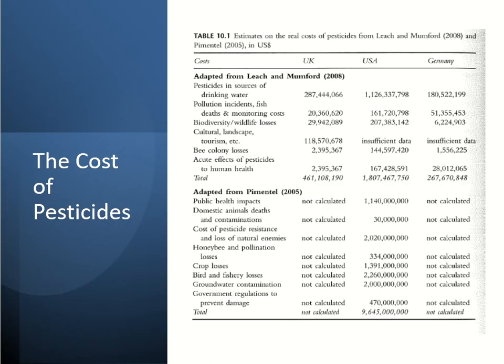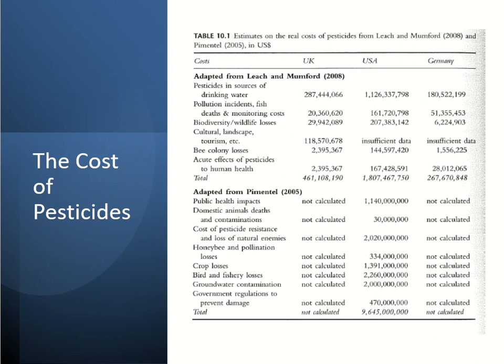These are some of the estimates that have been provided by, as previously mentioned, Leach and Mumford and Pimentel, looking at the UK, the USA, and Germany. The economic cost of pesticide and drinking water is the biggest one. We could see estimates ranging from 280 billion all the way up to 1.1 trillion in the US.